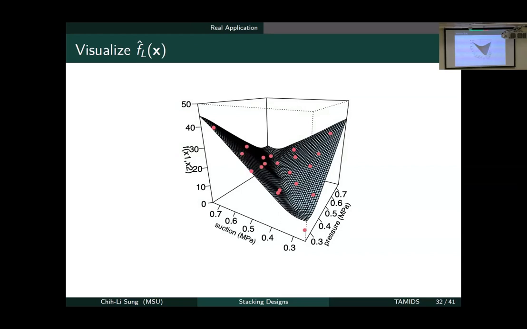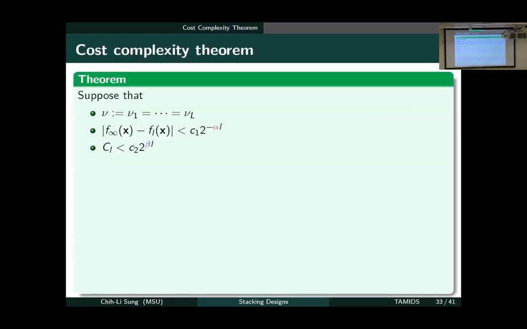All right, so let me show you some theoretical results. For the sake of simplicity, let me just assume the smoothness of each function is equivalent. And this simulation error bound is bounded by this.